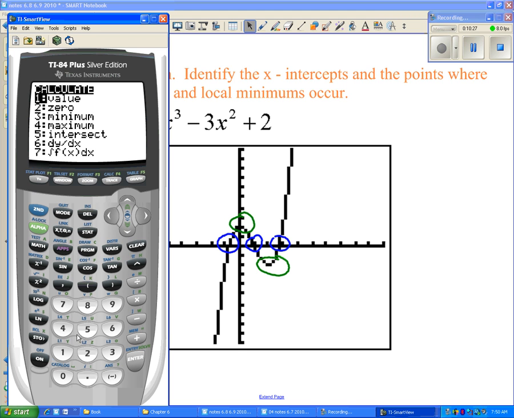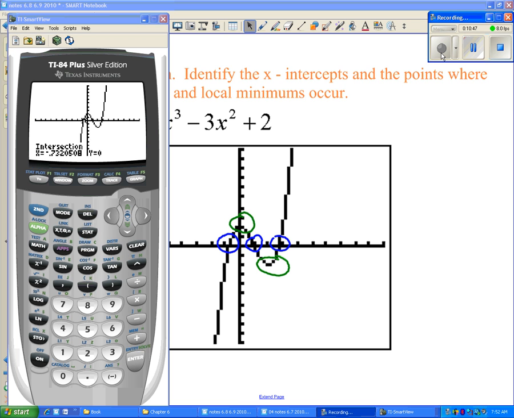Number 5 is intersect. My first curve is the x cubed function. My second curve is y equals 0. My guess, I'm going to scoot to this one on the left and hit enter, and I get -0.732 and 0.